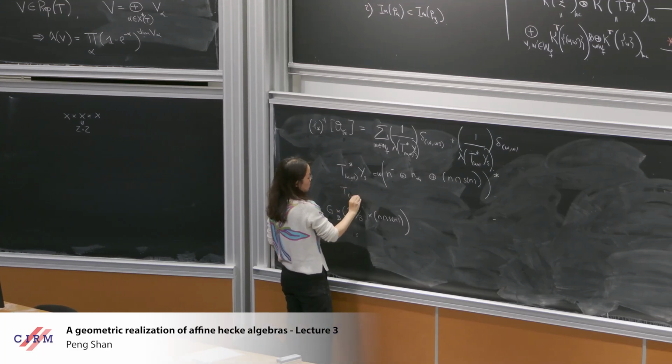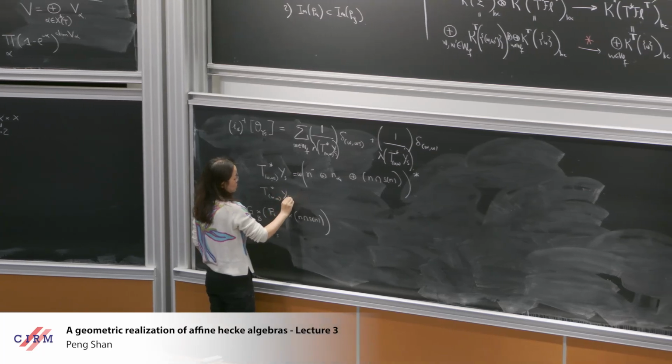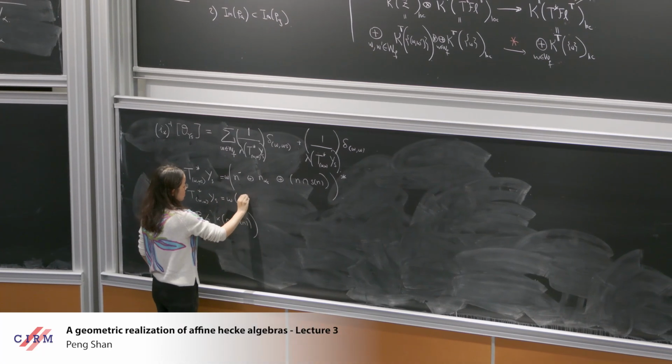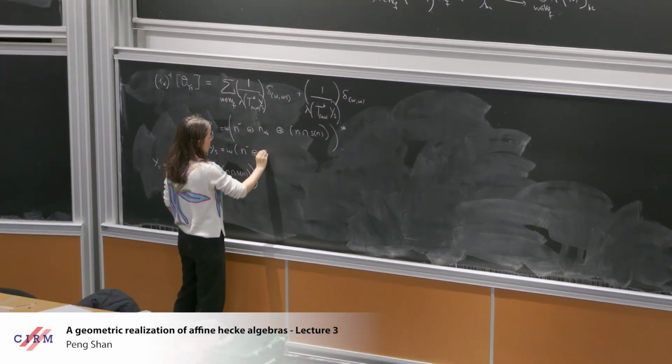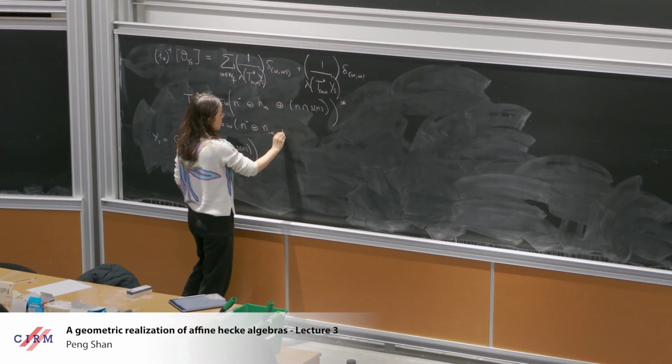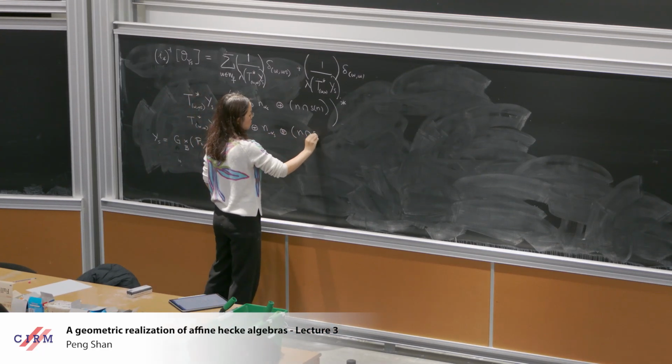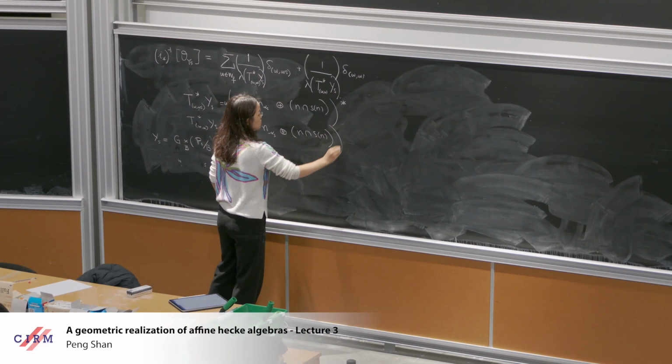Then T_W W star of Y_S is the same thing, but here you take n of minus alpha_S plus n intersection with S n, and you take the dual.